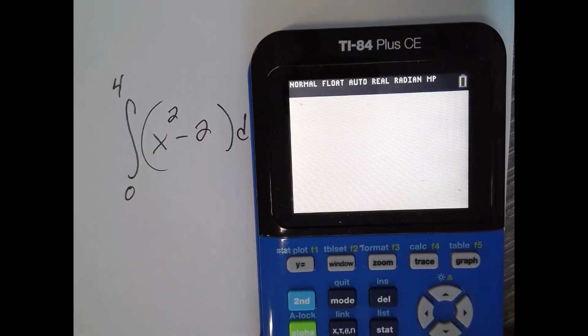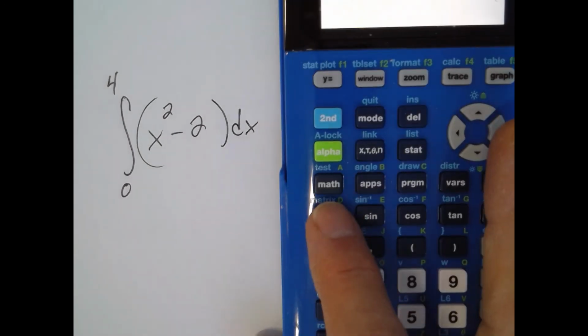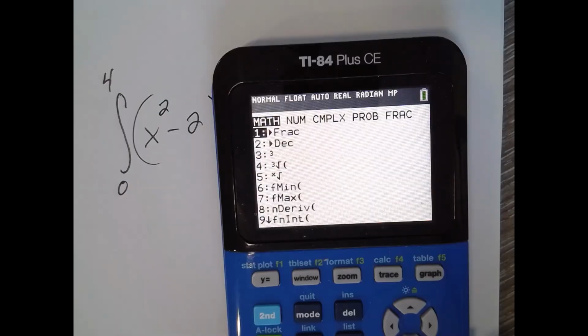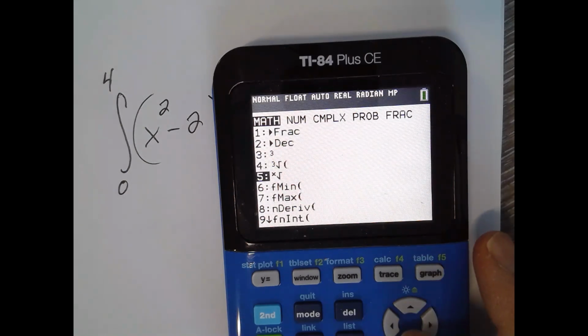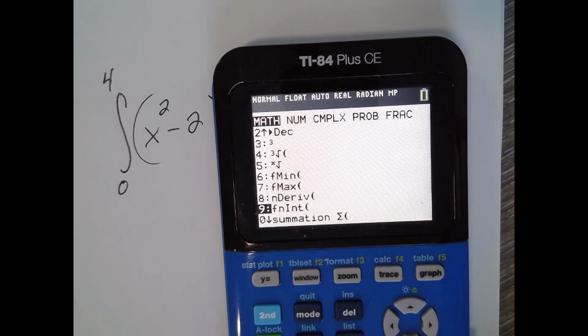All right, so we're going to go to math. So you could do derivatives and you can do integrals. I don't know if I showed you derivatives. Yeah, I showed you derivatives on here. Function integrals. We're going to do that.